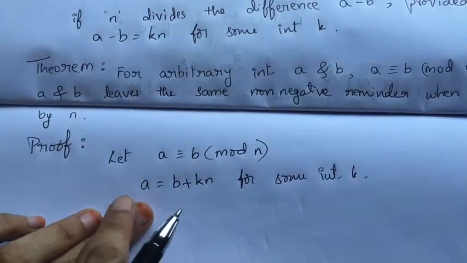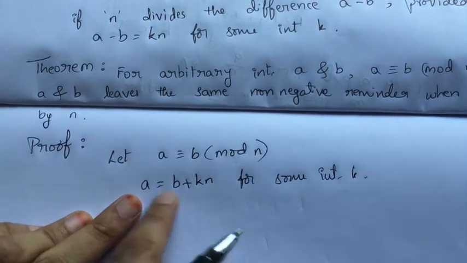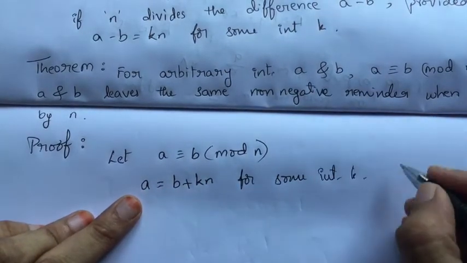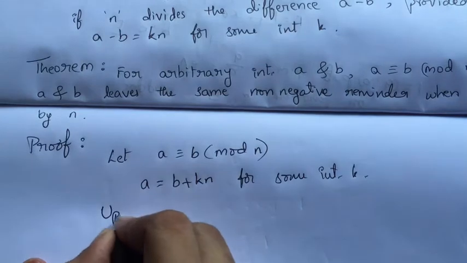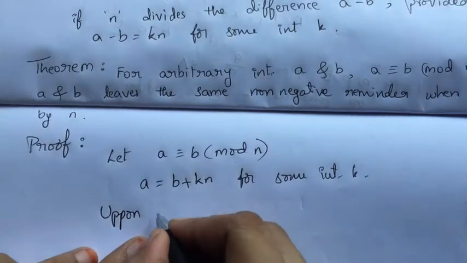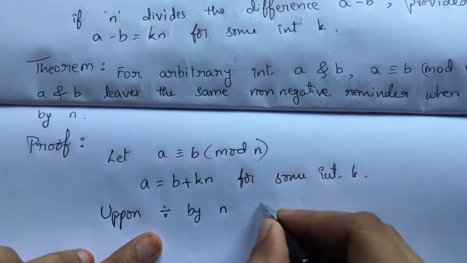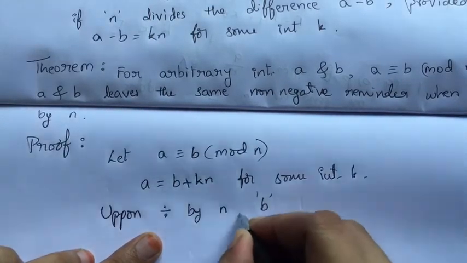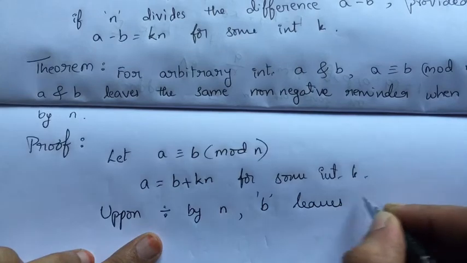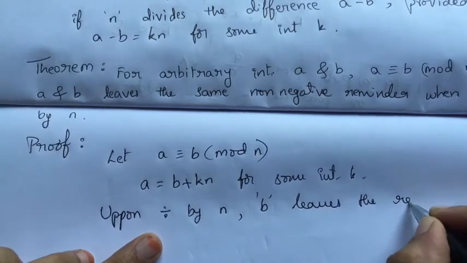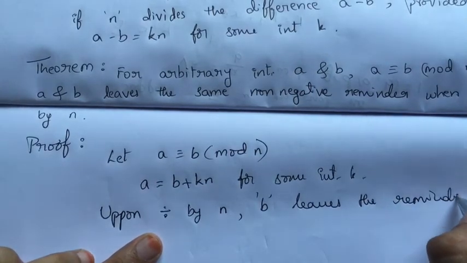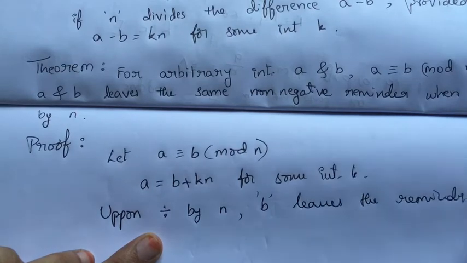Upon division by n, b leaves a remainder, which I'll take as r.